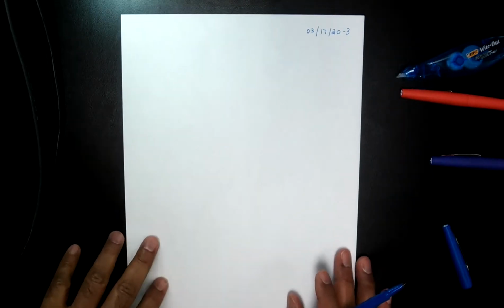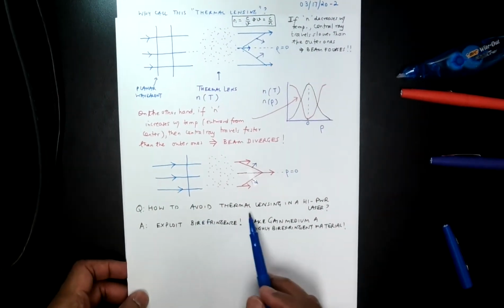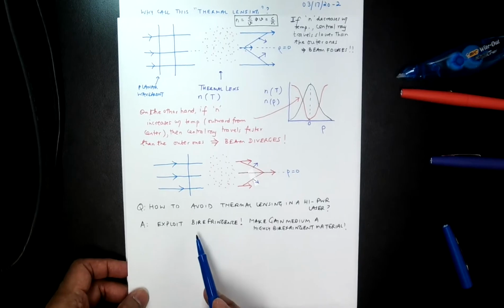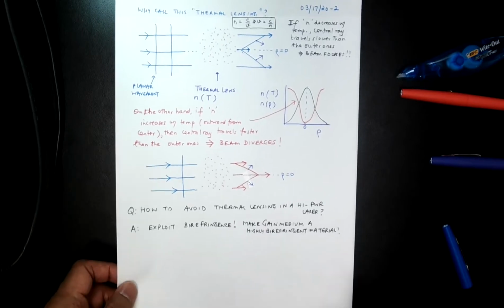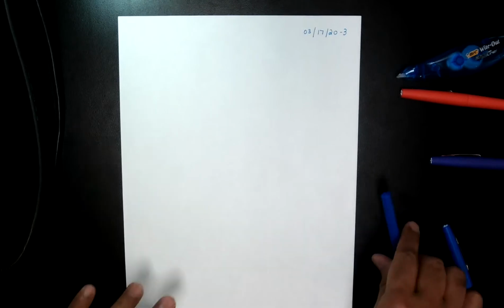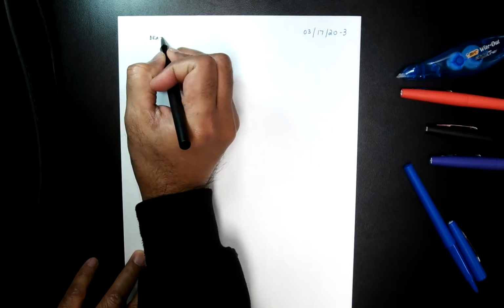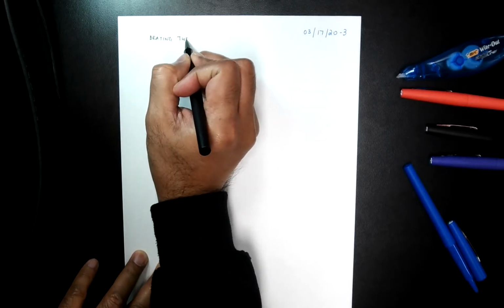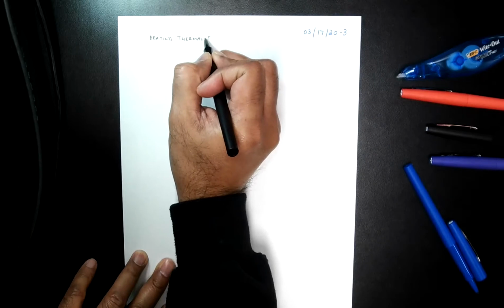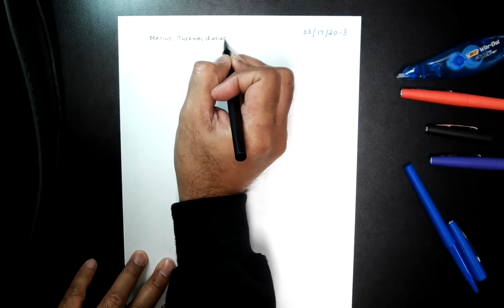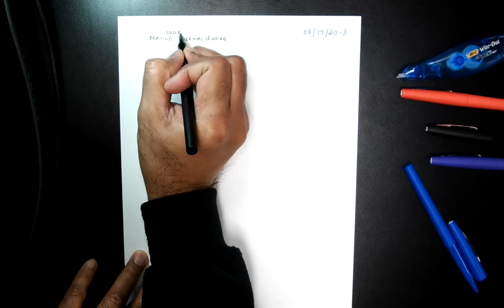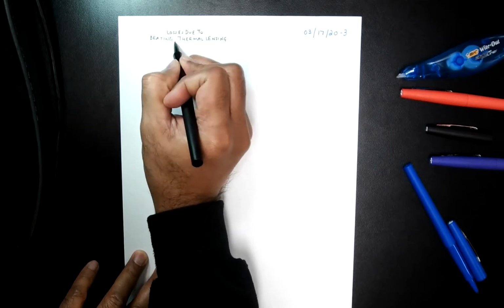Alright, so the final video for March 17, and the thing that I want to talk about, of course, is how can we avoid thermal lensing. And it's a beautiful idea, actually. We exploit birefringence, and so the topic here is suppressing losses due to thermal lensing by using a birefringent material.